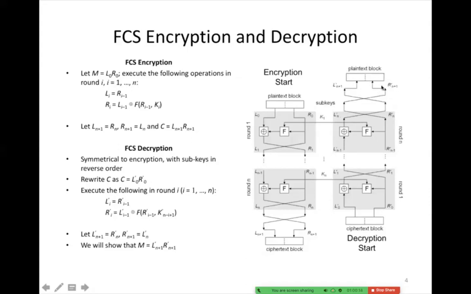For now, we are just saying that it gives you an output string, which is L sub n plus 1 prime, followed by R sub n plus 1 prime. We are going to see that it is identical to your plaintext input L0 followed by R0.